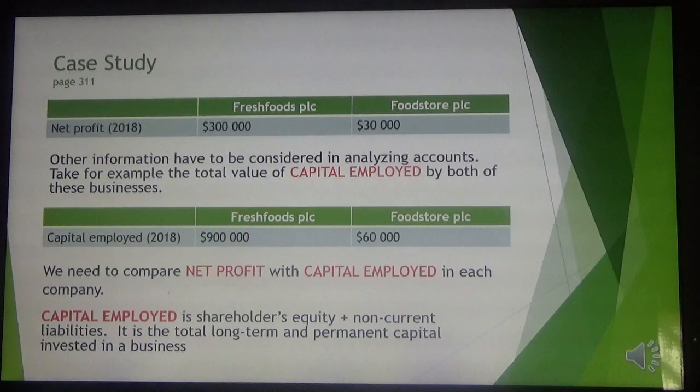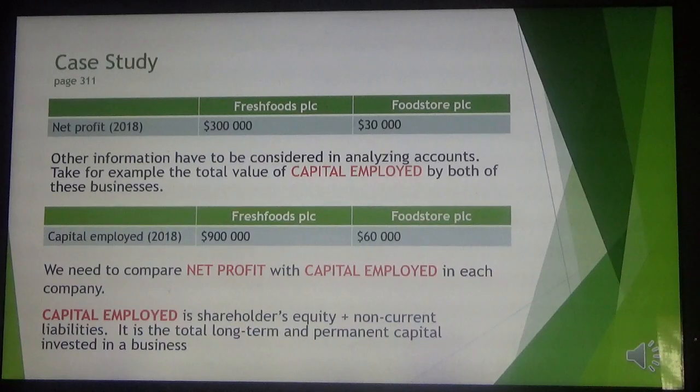Okay, so now let's try to take the capital employed data, extract it from our financial statement, and let's take the Fresh Foods PLC's capital employed in 2008, and it was like $900,000, and for Food Store it's $60,000. Now let us try to look at these figures in front of us, and let's go back to those questions and check whether we may be able to answer them.